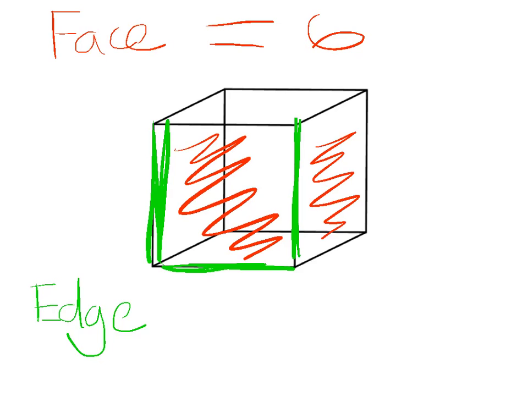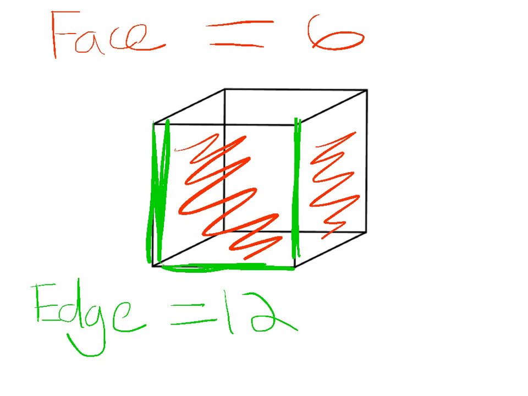If we were to count these up, we would go 1, 2, 3, 4, 5, 6, 7, 8, 9, 10, 11, 12. So there are 12 edges on this shape. So again, it's where 2 faces meet. A long edge. There's 12 of them on here.